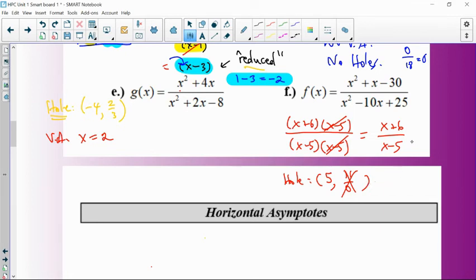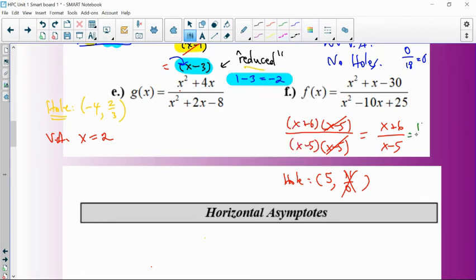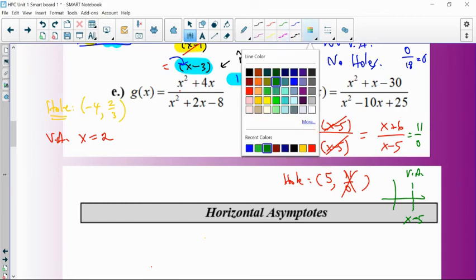If I tried to put in 5 here, I would get 11 over 0, which tells me there's a vertical asymptote when x equals 5. So when x equals 5, I definitely have a vertical asymptote, but it also seems like I have a hole there, right, at x equals 5.